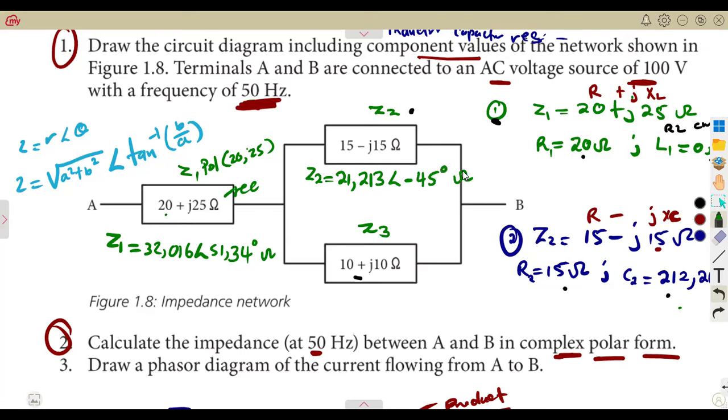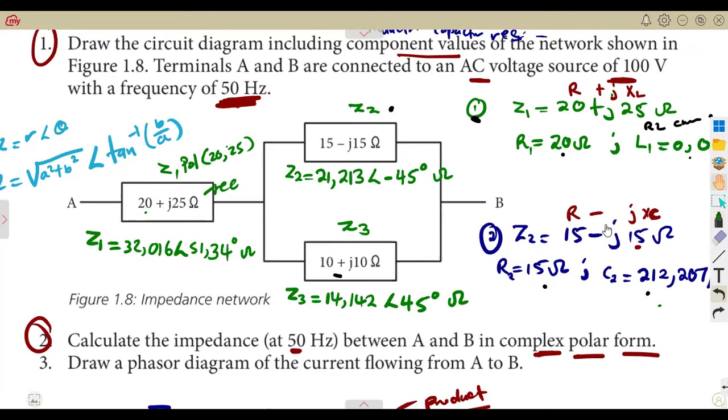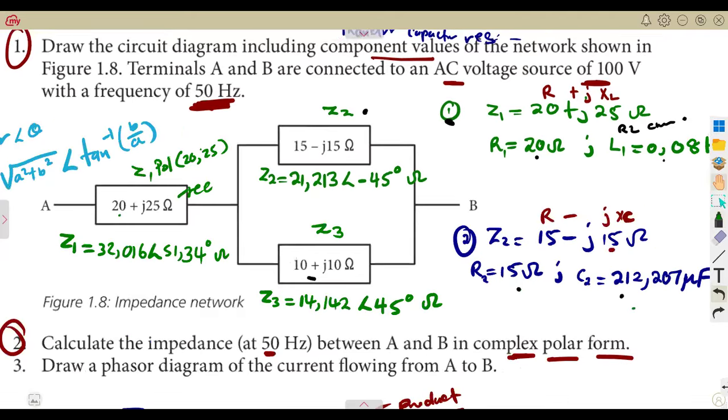Also here on Z3, you convert to polar form, so that you have 14.142, then the angle is positive 45 degrees. The conversion part is in your hands, guys.